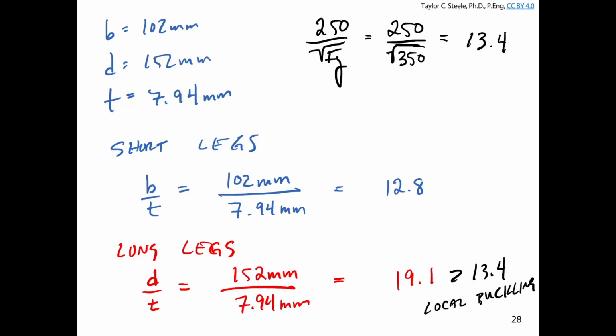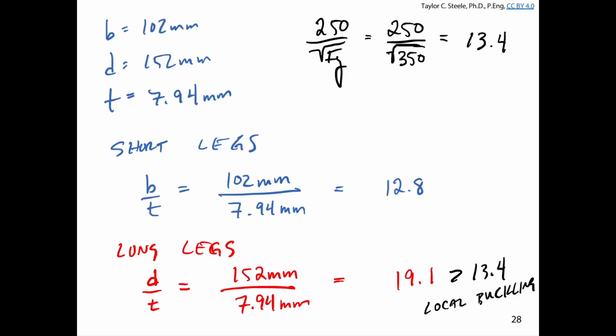We can get the full 102 millimeter width of the short legs active. We're going to recalculate an effective D to calculate an effective area that we can plug into the expression for Cr. Are there any questions about why we've made that conclusion before we go ahead and calculate Ae?